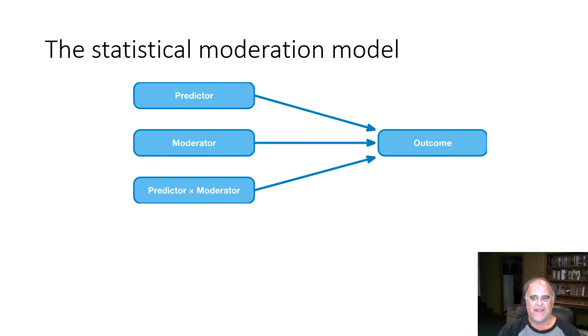We actually have three variables affecting the outcome: the predictor, the moderator, and the predictor times the moderator, or the interaction of the predictor and the moderator. So statistically, it just looks like we have a main effect for the predictor, a main effect for the moderator, and then the interaction of the two. But we know in our mind that conceptually we've created this as a moderated model.